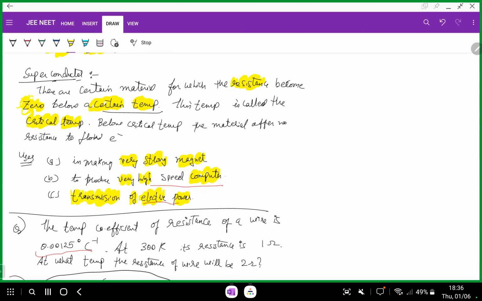Obviously we need some material that minimizes the loss of transmission, because whenever we generate power at a power station or thermal power plant or any power plant, we have to transfer it from one place to another.